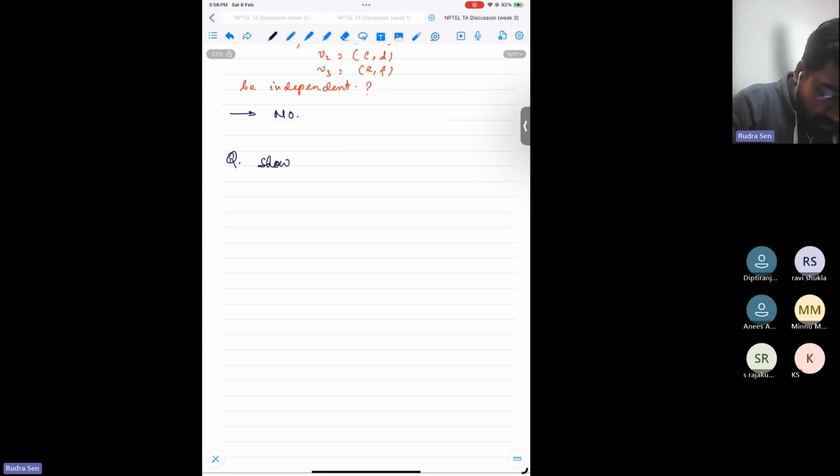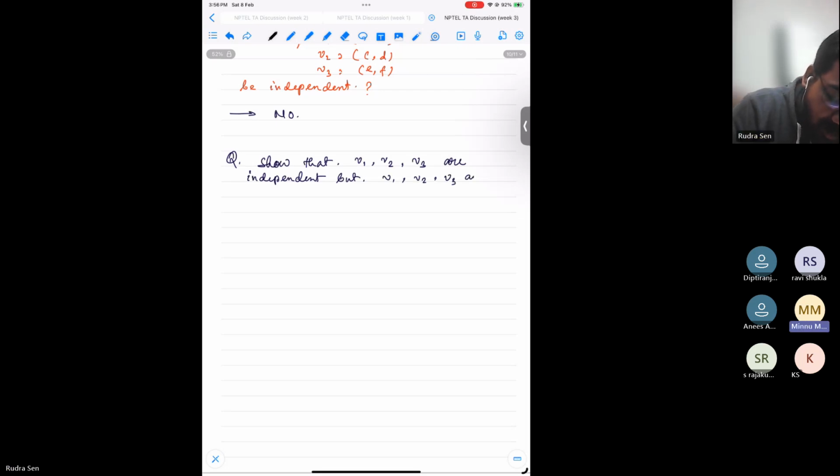Show that V1, V2, V3 are independent, but V1, V2, V3 and V4 are dependent.